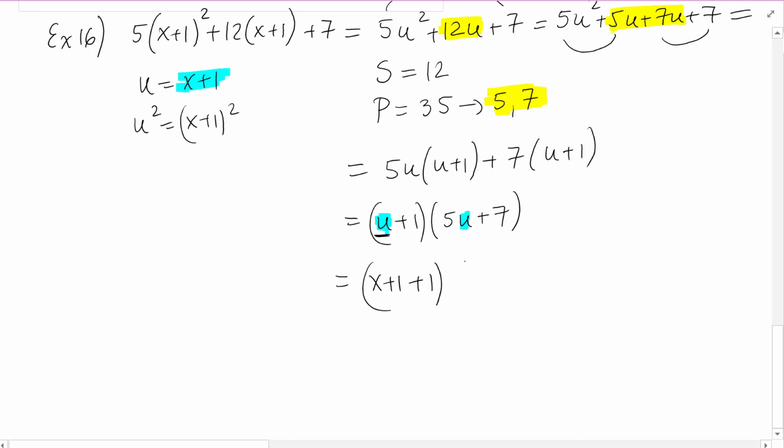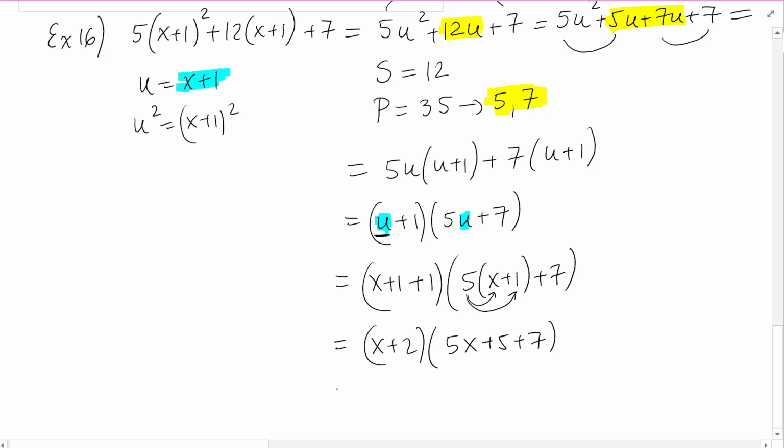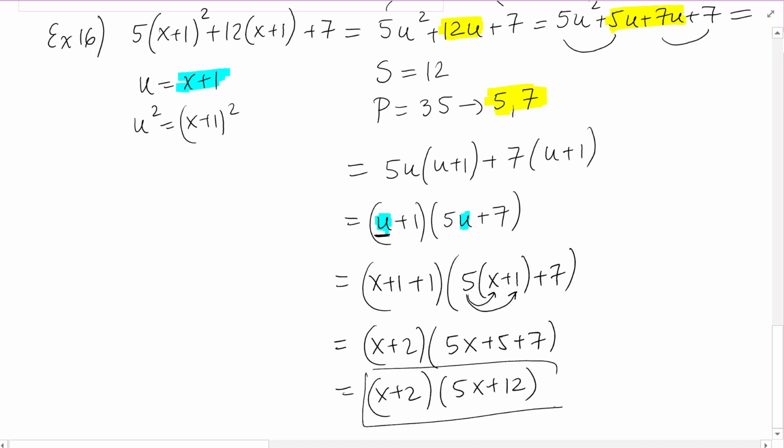This whole thing is x plus 1, and then 5 times x plus 1 plus 7. So we get x plus 2 times 5x plus 5 plus 7. So that means x plus 2 times 5x plus 12. And that's the final answer to problem 16.